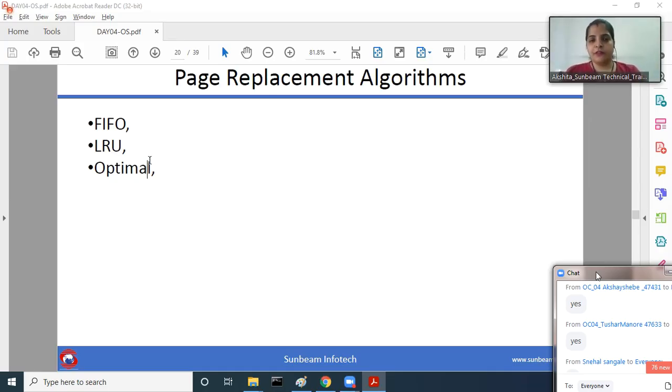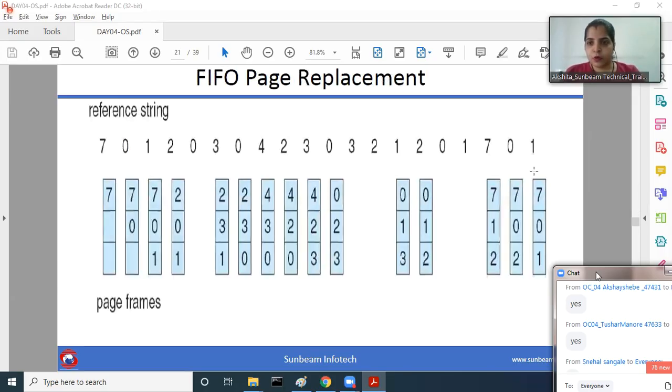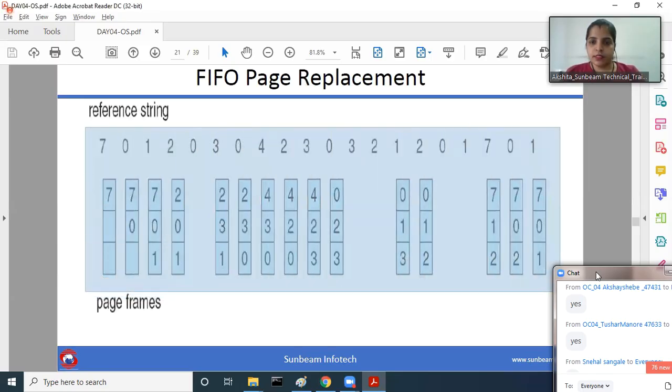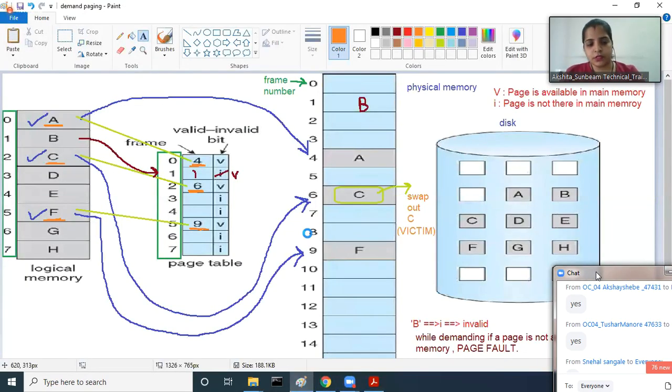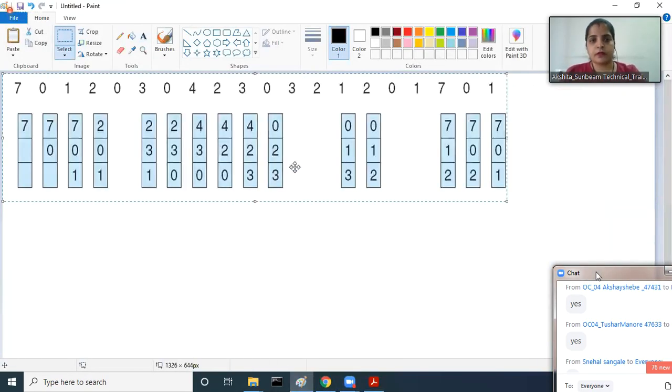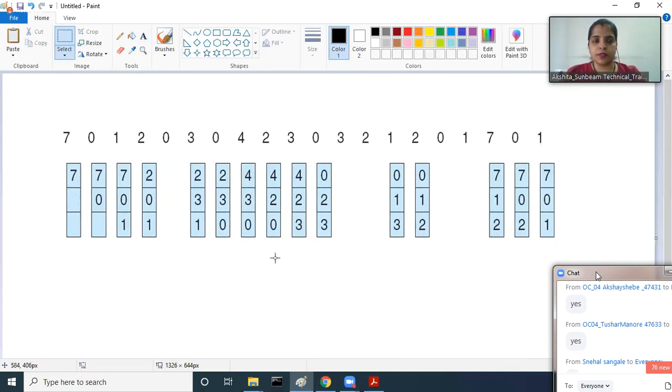Let us talk about FIFO, that is first in, first out. Suppose, assume this is the example. Suppose this is my frame size.